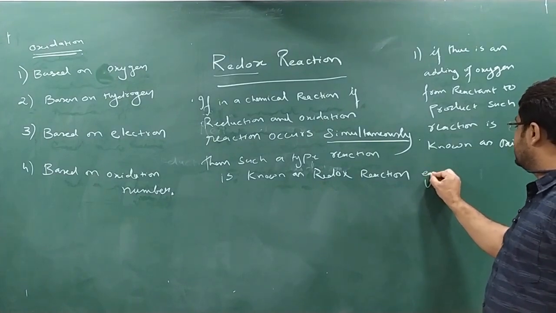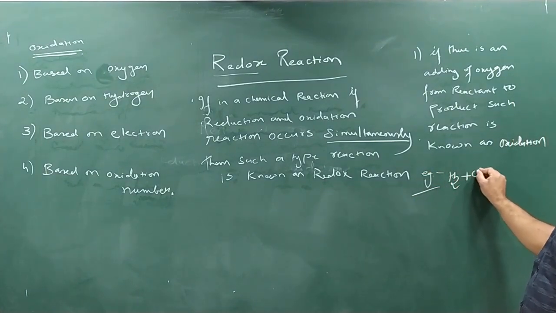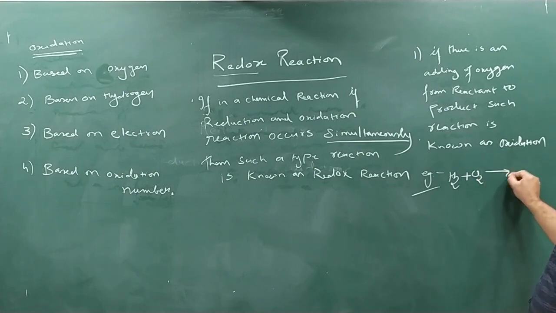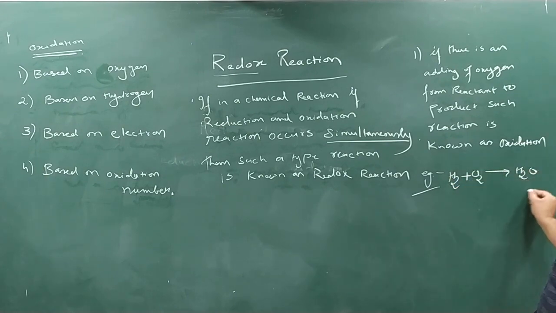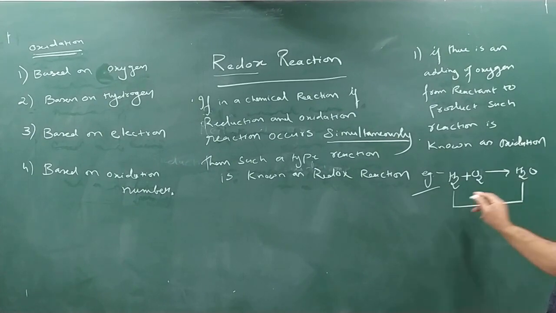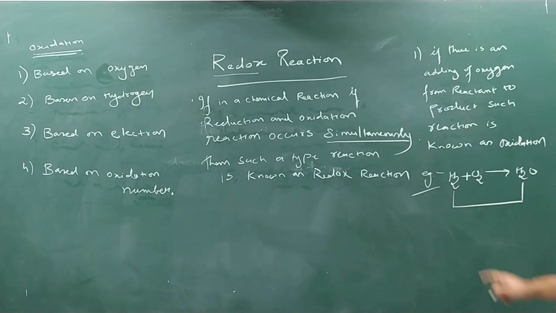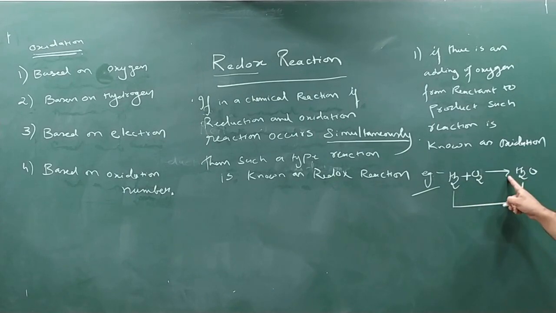Suppose I combine H2 and O2, so I will get H2O. This portion is reactant, this portion is product. While going from reactant to product, oxygen is added to hydrogen.